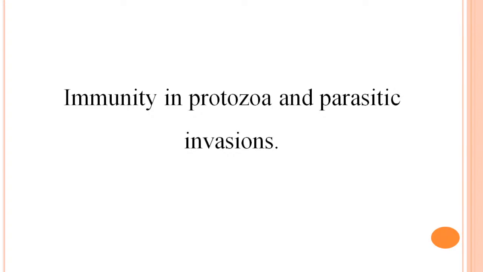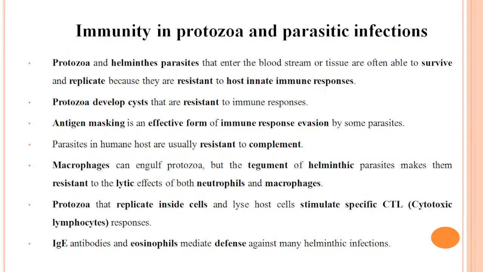The next type of immunity that we should talk about is immunity in protozoa and parasitic invasions. Protozoa and helminth parasites that enter the bloodstream or tissues are often able to survive and replicate because they are resistant to host innate immune responses. We don't study protozoa in microbiology, you had to study it in biology, like malaria and amoeba, dysentery.